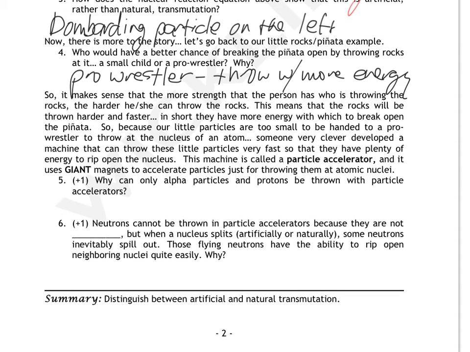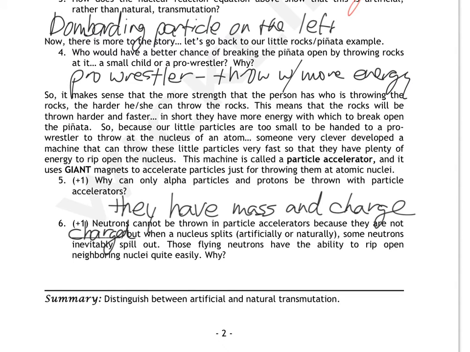So the magnets that power the particle accelerator would have no effect on, let's say, a neutron or a gamma ray. And although those otherwise might be good particles to throw, if they don't have charge, they cannot be accelerated using the magnets. So the particle accelerator is really only going to work on alphas and protons because they have mass and charge.